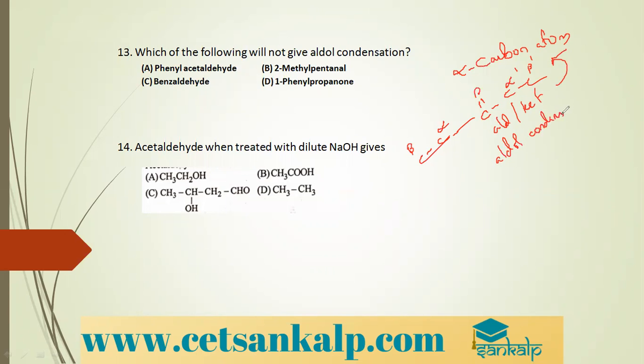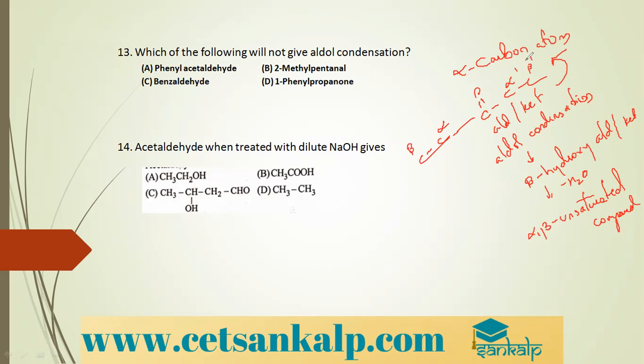We have discussed it many times. The aldol condensation product is a beta hydroxy aldehyde or ketone. If we take an aldehyde, we get a hydroxy aldehyde; if a ketone, a hydroxy ketone. And when we remove water molecules, we get an alpha beta unsaturated compound.